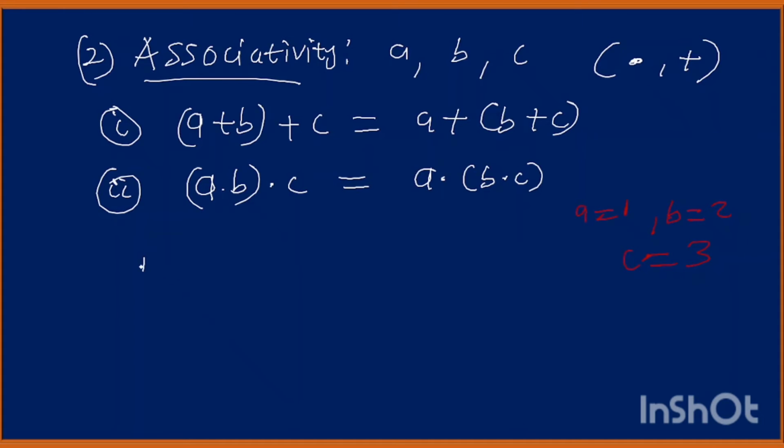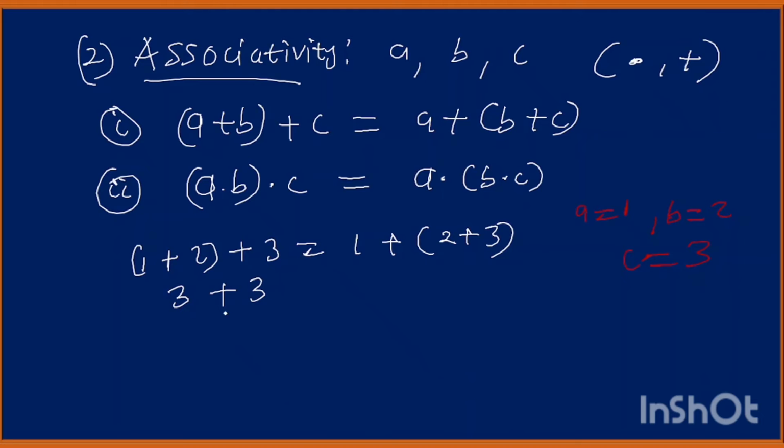So is it true that 1 plus 2, plus 3, is equal to 1 plus, in brackets, 2 plus 3? 1 plus 2 is 3, and this is 3. So 3 plus 3 will give me 6.